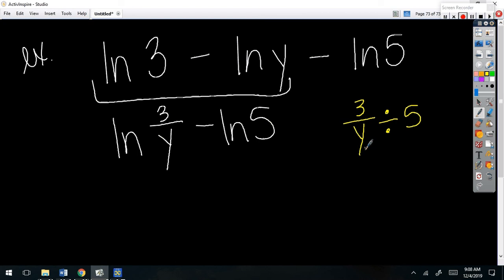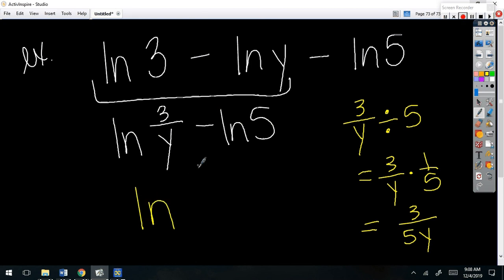So 3 divided by y divided by 5 is the same thing as 3 divided by y times 1/5, which becomes 3 over 5y. Does that make sense? Okay. So this condenses down to natural log of 3 over 5y. Even though it looks like it's being multiplied to that y, and there's a subtraction, that's y.